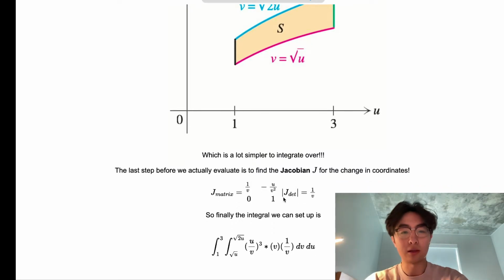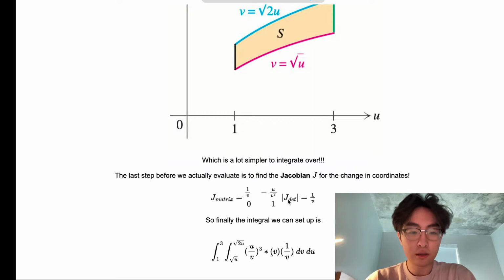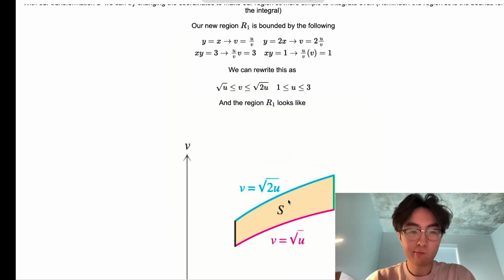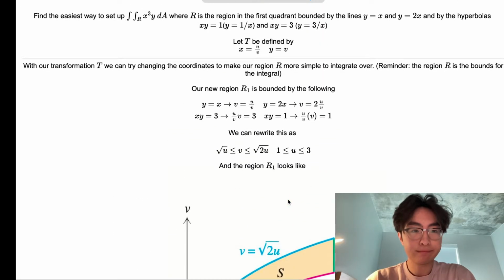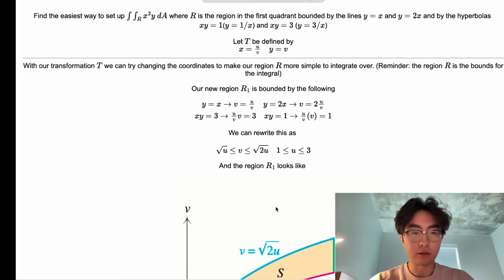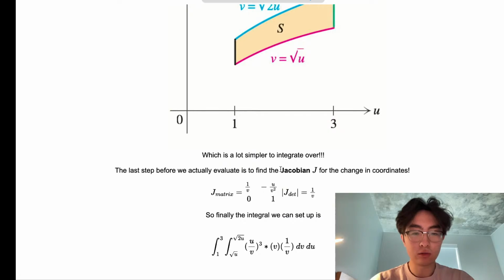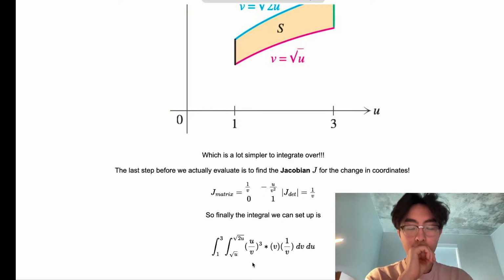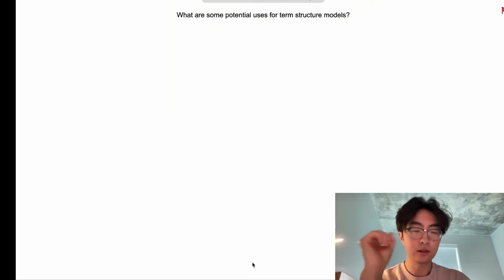I think this might be the scaling factor that scales our original region to this region here. So there you go, we can set up the integral with square root of 2u, square root of u, uv, dv, du. So that's good for now.